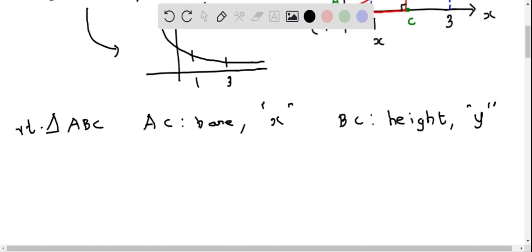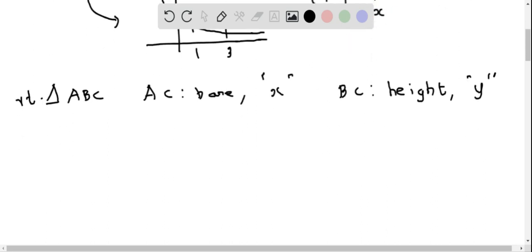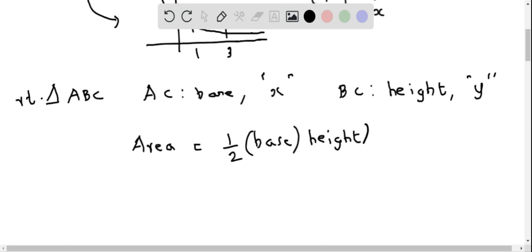So now we write down the area using the area of a triangle. So area is half base into height. This is the area of a triangle. Let me substitute the base as well as the height into this area formula. So base is x and height is y.